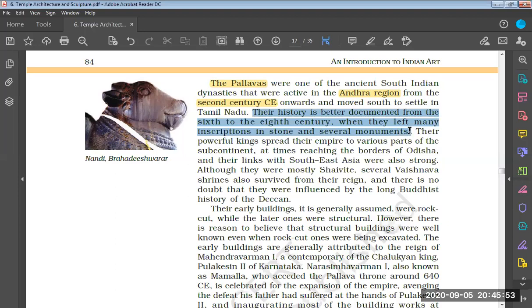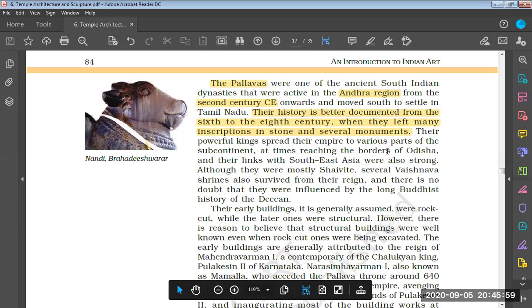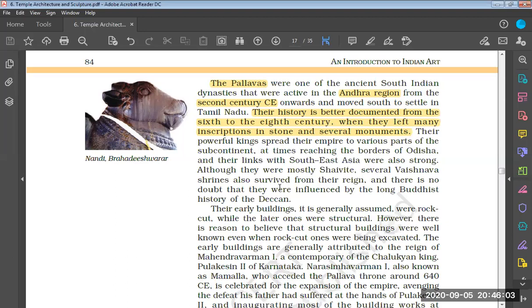Their popular kings spread their empire to various parts of the subcontinent, at times reaching the border of Odisha, and their links with Southeast Asia were also strong. Although they were mostly Shaivite, several Vaishnava shrines also survive from their reign, and there is no doubt that they were influenced by the long Buddhist history of the Deccan.